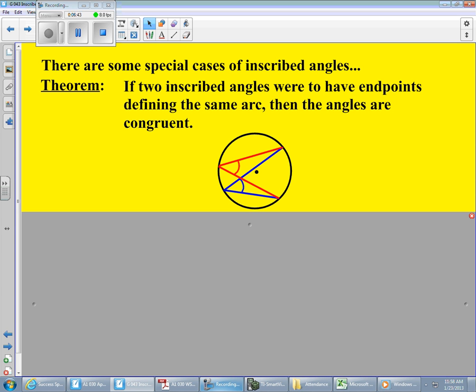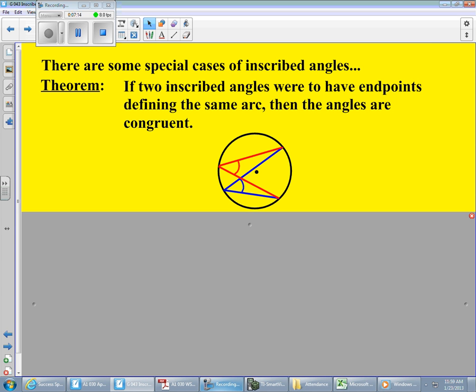Here you can see in the diagram we have 2 inscribed angles, one that I've colored in red and one that I've colored in blue. And it fits the description of the theorem because the theorem says that they have endpoints defining the same arc. They have the same intercepted arc. So the red inscribed angle reaches out and grabs a hold of the circle, and then the blue inscribed angle reaches out and grabs a hold of the exact same locations as the red inscribed angle did.